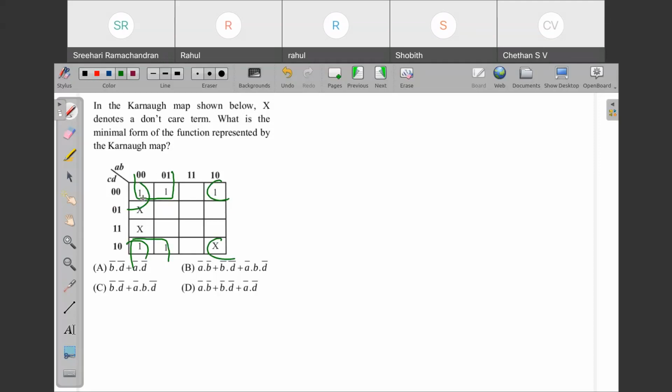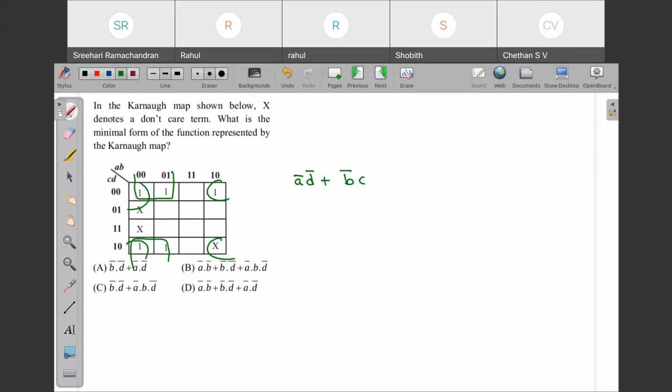So for the first group, what is common? You can see out of AB, A bar is common, and out of CD, C not D complement is common. And for this corner group, what do we have? Out of AB we have common B complement, and out of CD what do we have common?